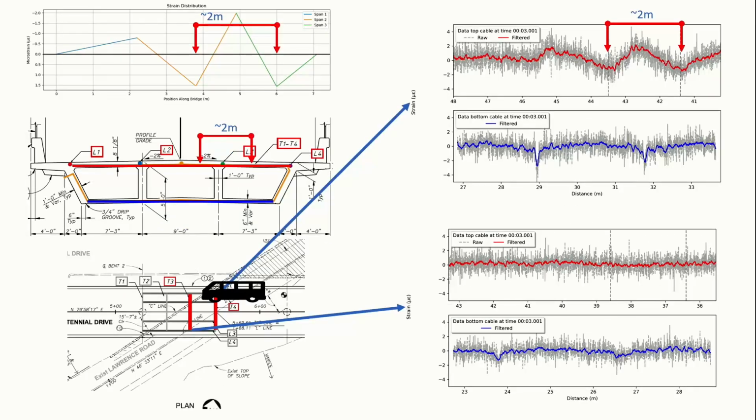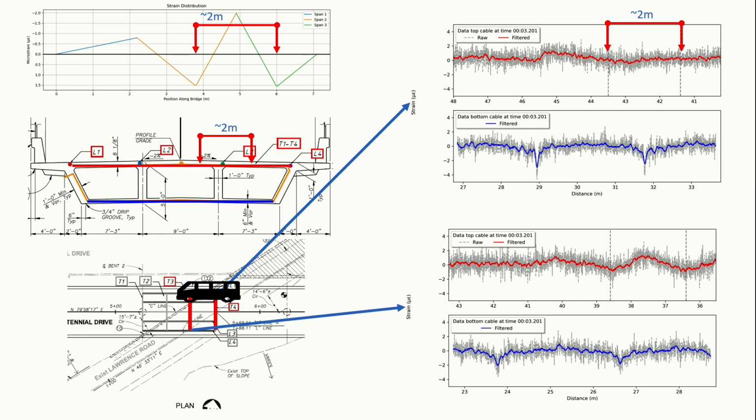So for example, here we have an instant when the shuttle is over this transversal cable, and we can see the wheels over the cables. And also we can see other details. For example, in the blue, the bottom fiber, we are seeing those peaks that are the loading that is passing over here because of the weight of the shuttle.